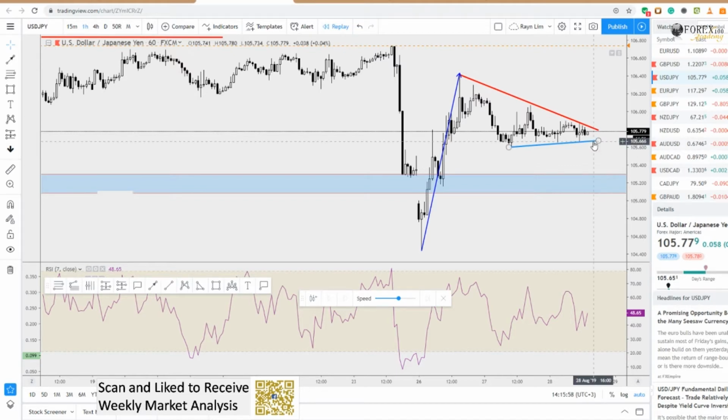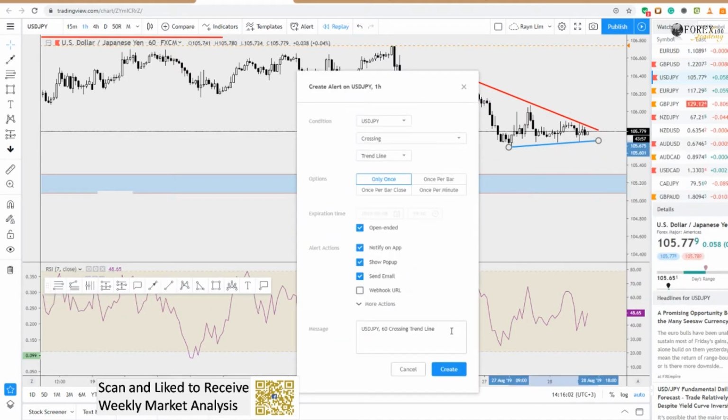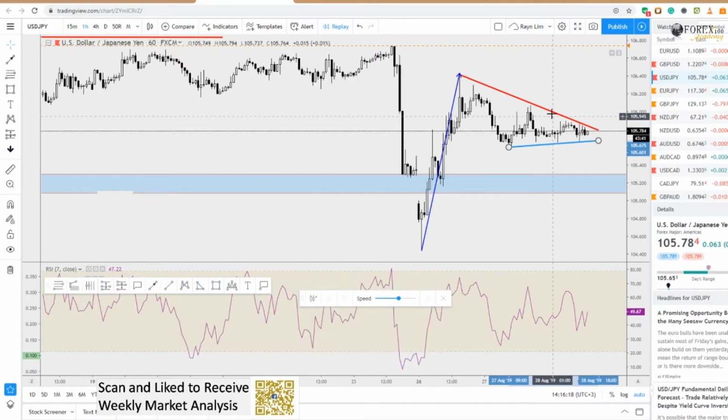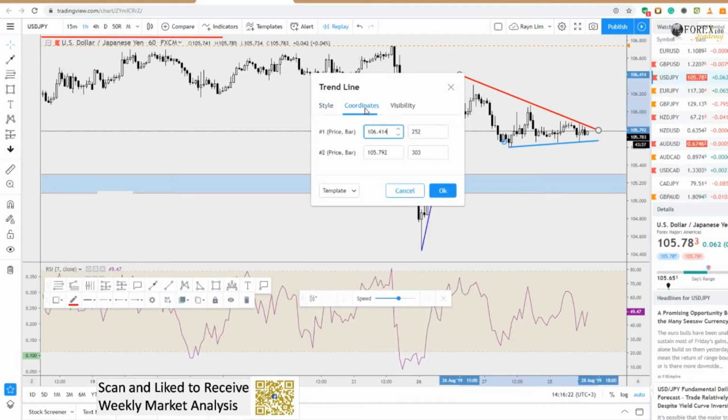So what I can do is that I can right click, send an alert over here, and key in dollar yen, H1, bat flag, long. Okay, that's one. I can totally show you how biased I can go in terms of my analysis.